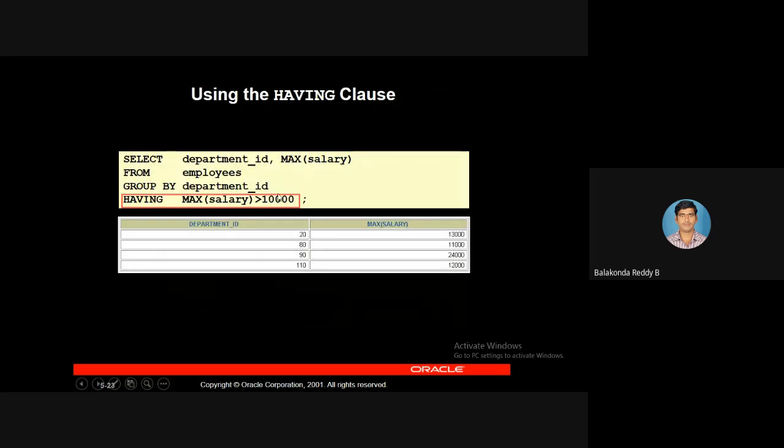See here, what is the meaning of this one? It displays group by department wise, but I need the departments having maximum salary above 10,000. It displays only those department IDs. Now SELECT department ID, comma, MAX salary FROM employees. All of you note down that query.